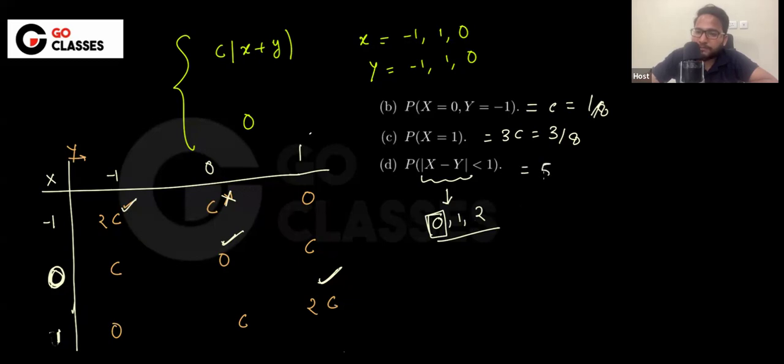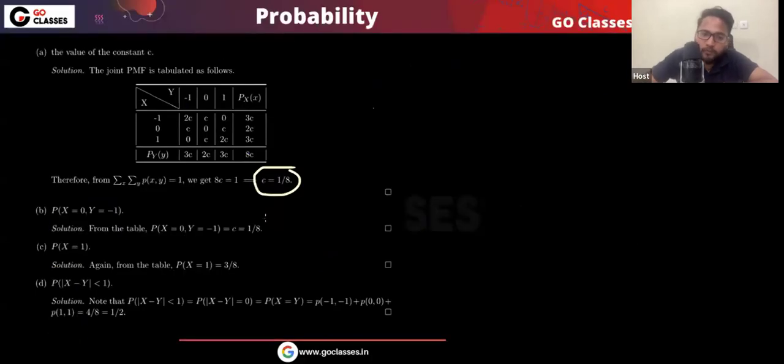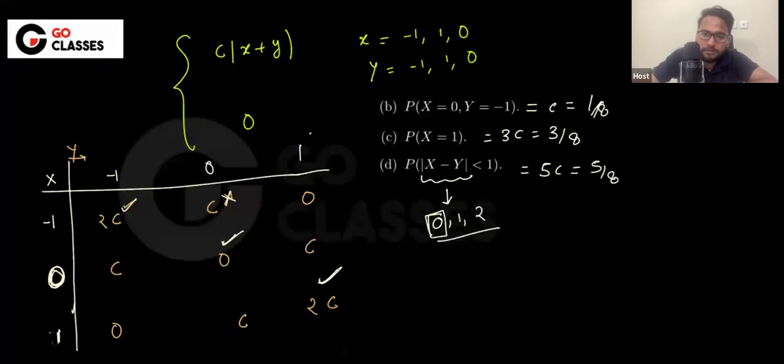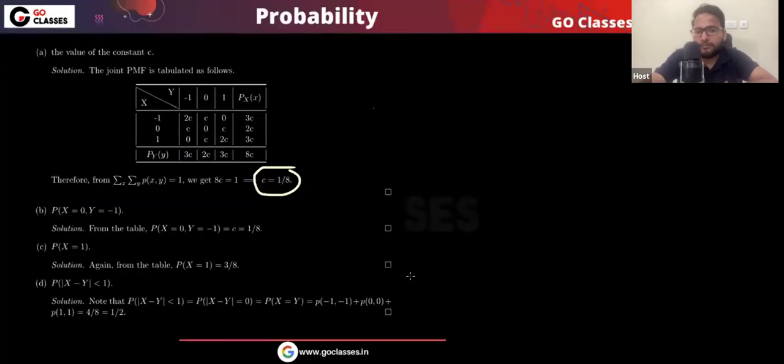I think it is 5c, which is 5 by 8. So 1 by 8, 3 by 8, and 5 by 8. Oh, sorry, this is 4c, which is 4 by 8. That's how you can solve this question. This is also an easy one, right?